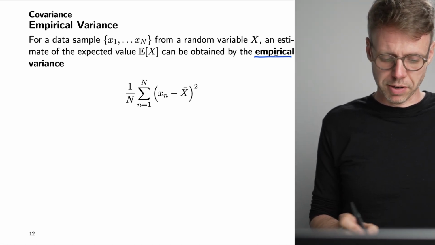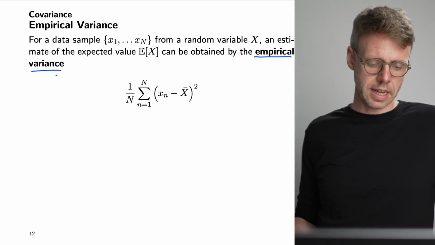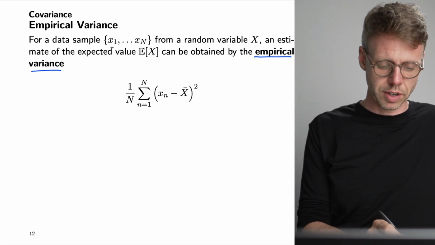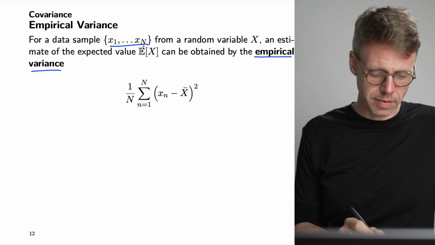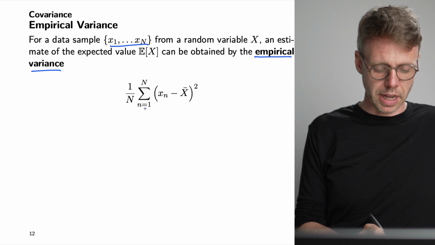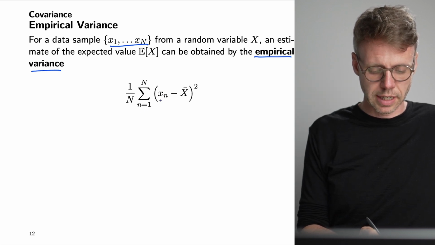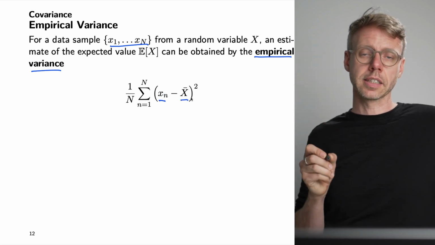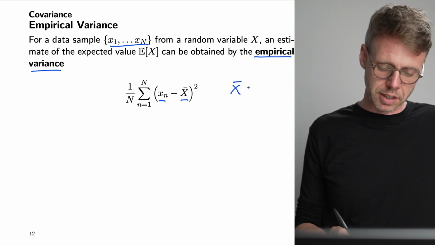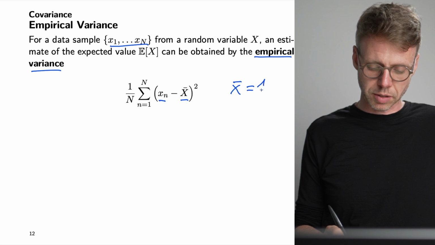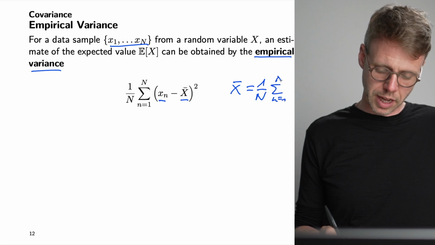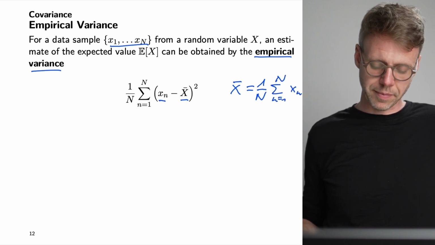The so-called empirical variance is this estimate given by 1 divided by n, so it's the average over our n data points, times the sum from n equals 1 to n of the difference between x_n and x bar squared, where x bar is defined as the average of x, 1 divided by n, sum n equals 1 through n of x_n.